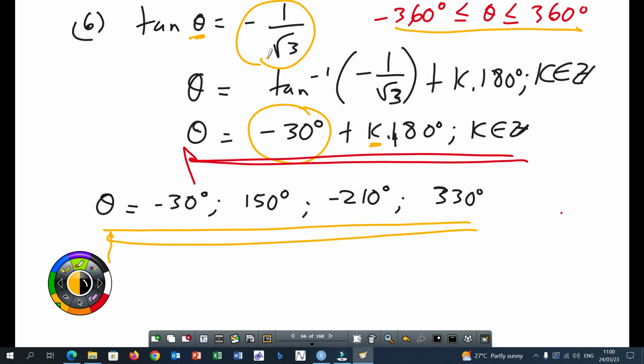Depending on the ratio you have, you get the reference angle. Then from the reference angle, you use trial and error with the values of k to determine all the possible solutions based on a specific restriction. The restriction will be given if it's a test, but it mustn't be too wide, otherwise you spend a lot of time on a question on the general solution.